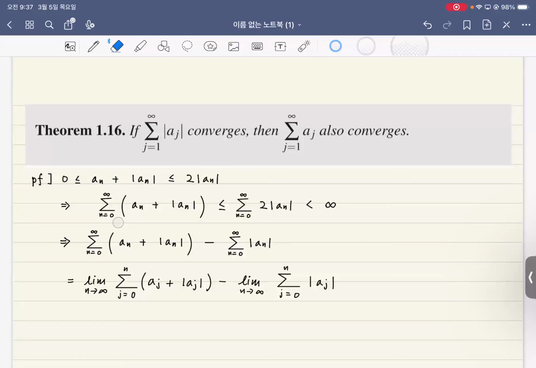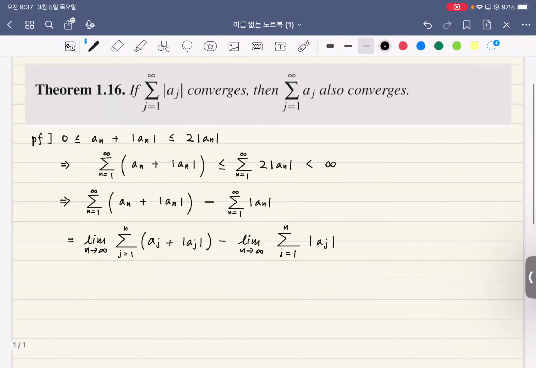Okay, sorry. I just realized I messed up the indices. I know this doesn't make a huge difference, but since the original statement has the starting index 1, it should be 1, 1, 1, 1. Okay, good. And this is a convergent sequence, and this is another convergent sequence.